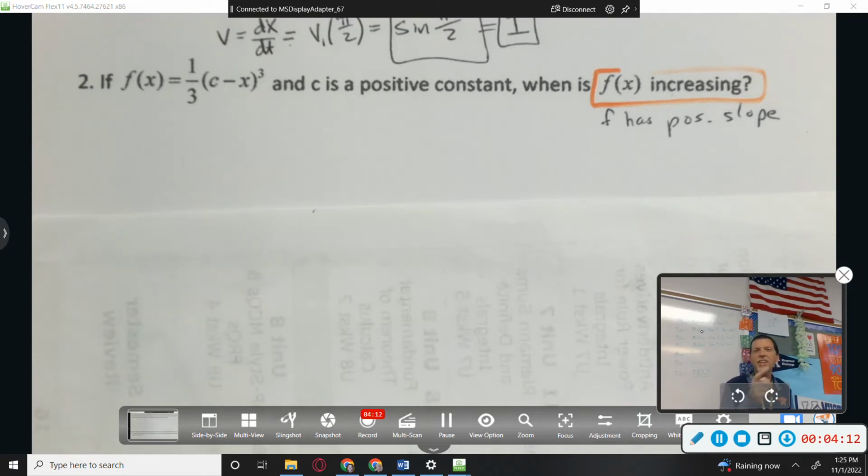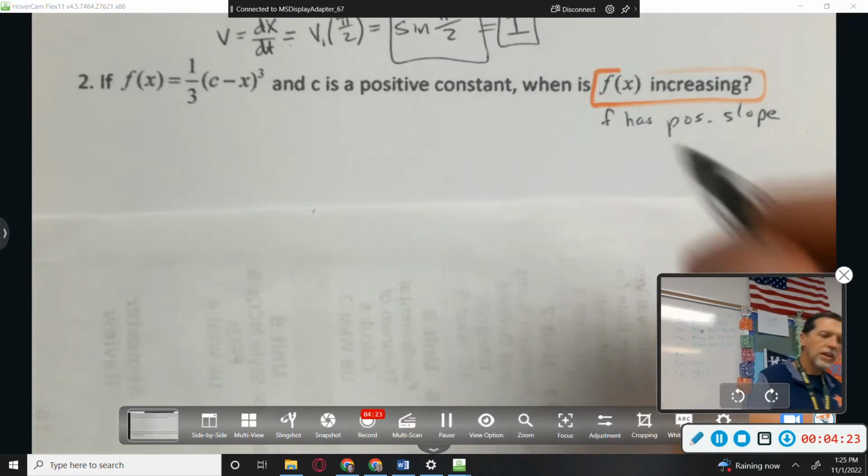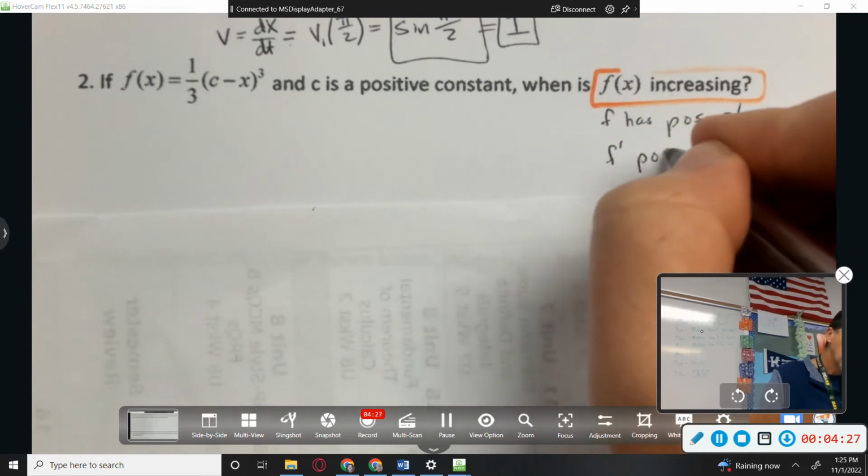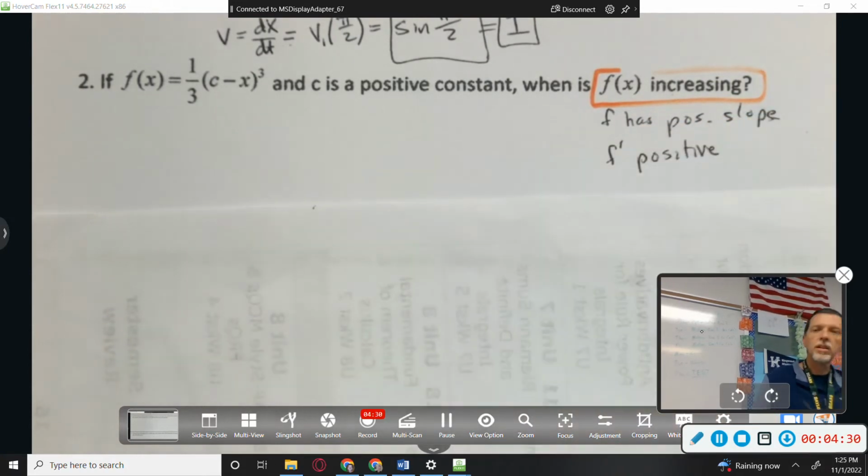Positive velocity if this is a motion type thing. But there's a word I'm looking for that I haven't heard yet. A positive derivative. If f has a positive slope, then f prime is positive. So if we can find the derivative of that thing, then we can figure out when f is increasing or decreasing.